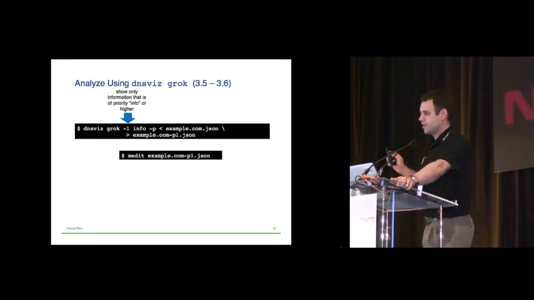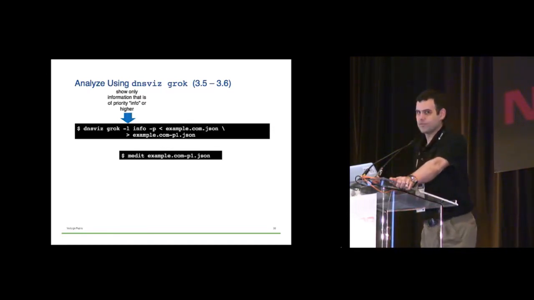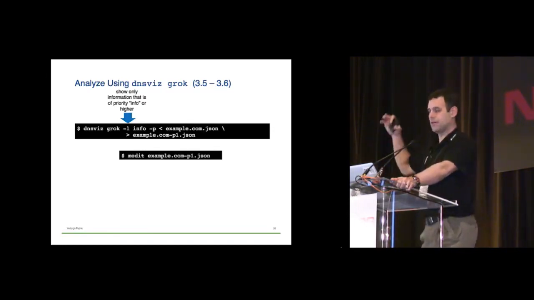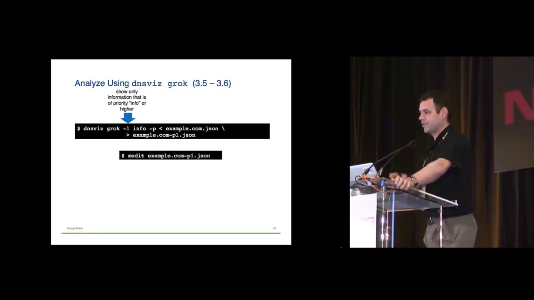We will walk through these in a little bit more detail, but I'm walking through the exercises and I'll give you a little bit of time to look at them yourselves and then walk through them. DNSViz grok has a couple options. One of them is a priority level to show you only, for example, warning level and above, or only info level and above, so you can vary the output that you're getting in this programmatic JSON serialized output.